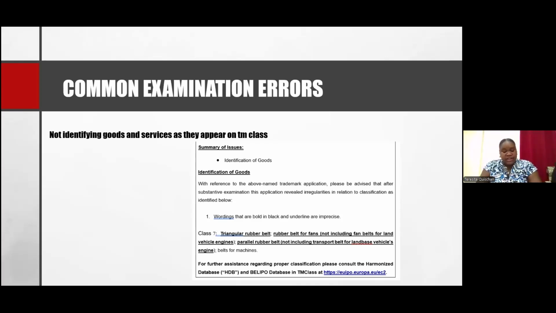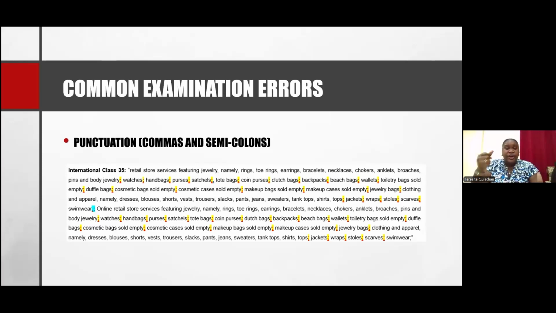Correct punctuation. In this example here, you notice that the semicolons are highlighted, right? The reason for that is because we're focusing on class 35, which have here retail store services featuring jewelry, namely rings, toe rings, earrings, etc. If you notice in the beginning of the example, they are separated by commas.